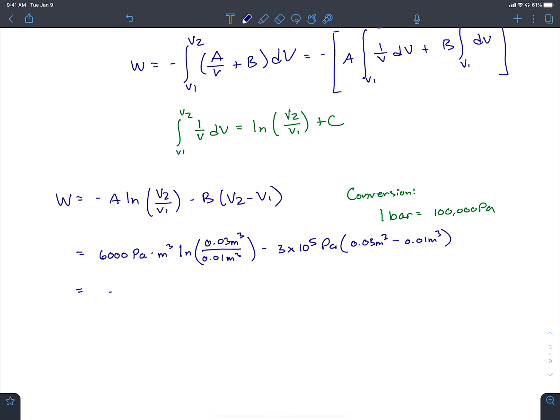This gives us negative 12,591 joules, or converting that to kilojoules, negative 12.59 kilojoules.